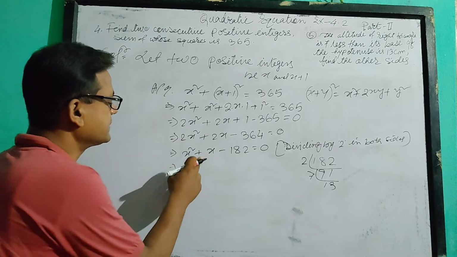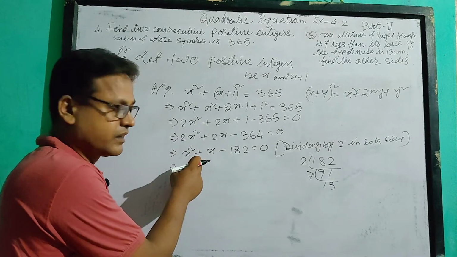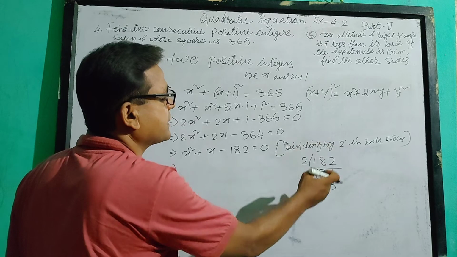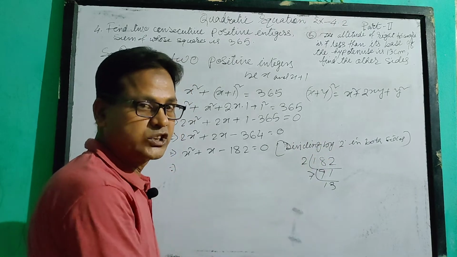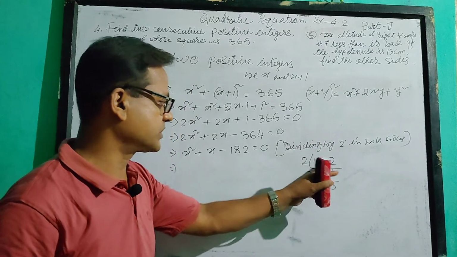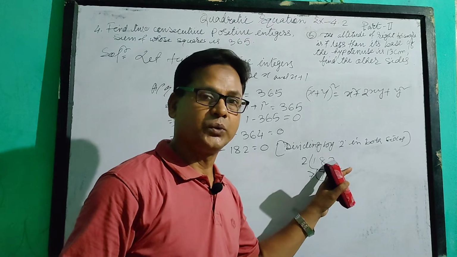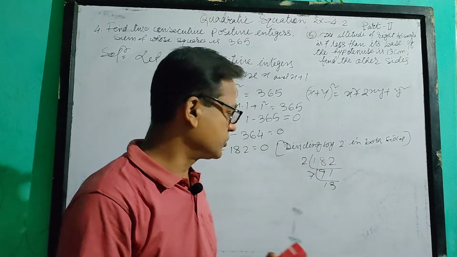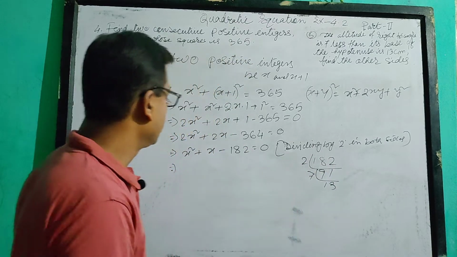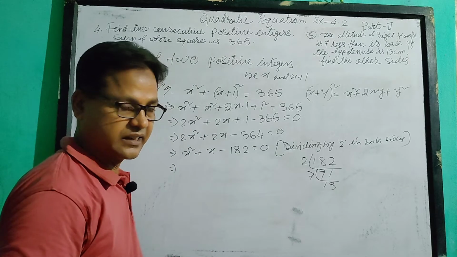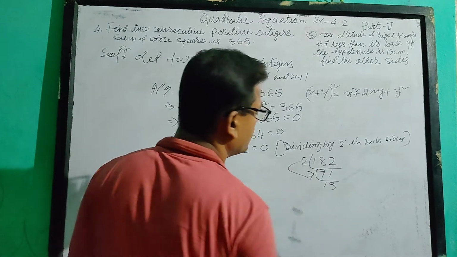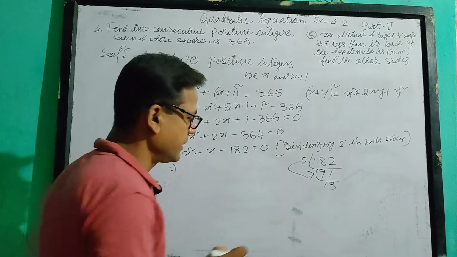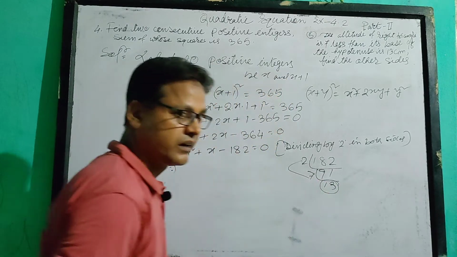Now here is how much? 1. And we will take the factors of 182 such that when multiplied they give 182, and when added and subtracted they give 1x. Two 7s are 14 and the other is 13.